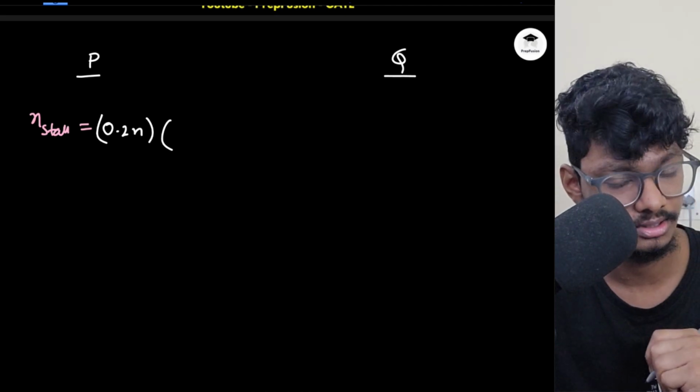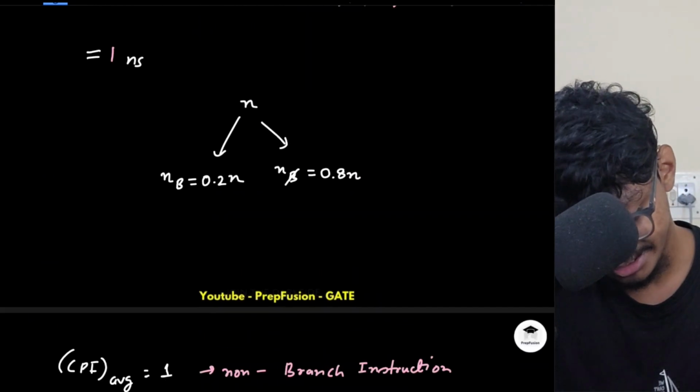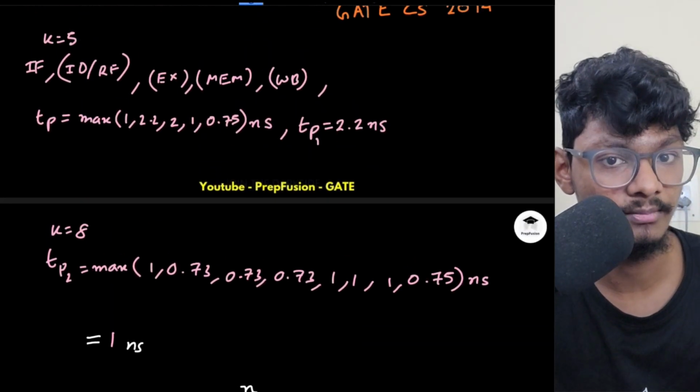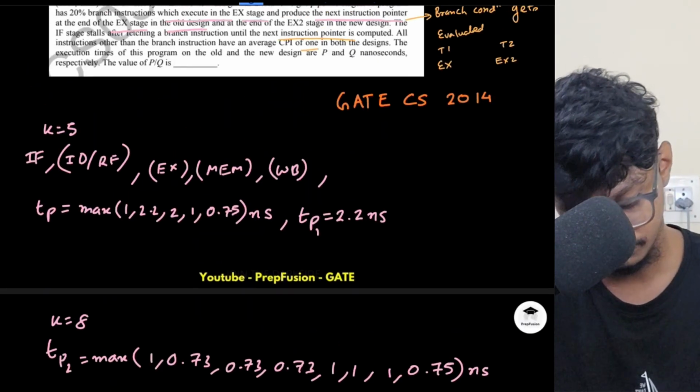Here comes the interesting part. I have told you, if the branch instruction is evaluated in the ith phase, the number of stall cycles I need to provide for a single branch instruction will be i minus 1.